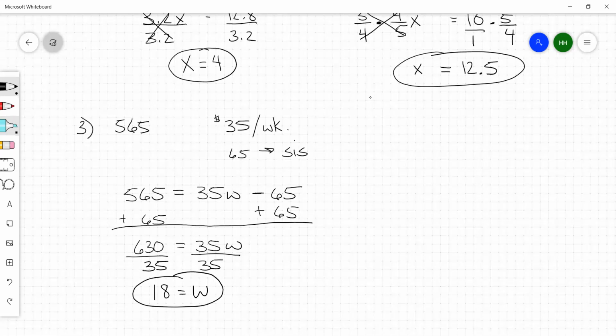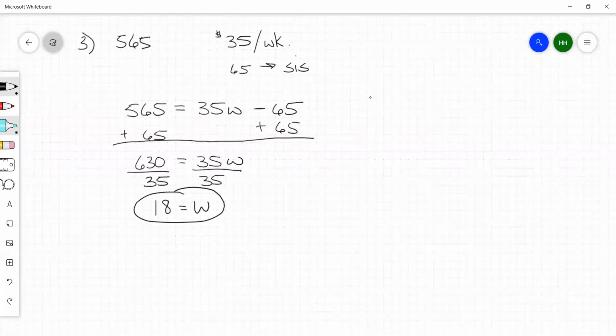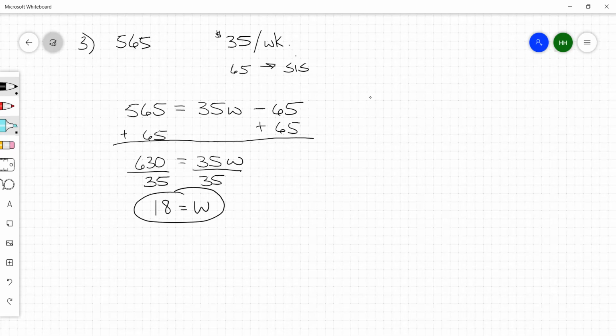All right. Now, I don't know how good of a memory y'all have, and I'm not trying to confuse you, but if you did this problem and your answer came out to like 18.2 instead of 18, then how many weeks does he have to save?